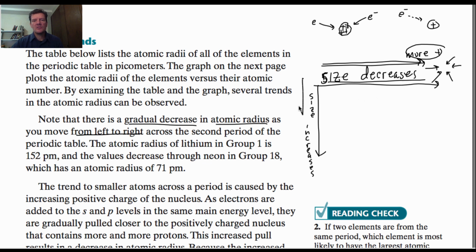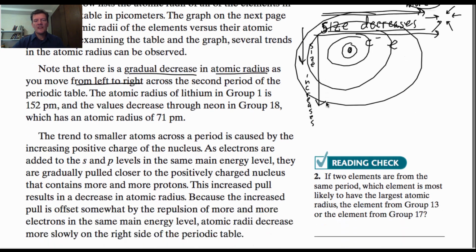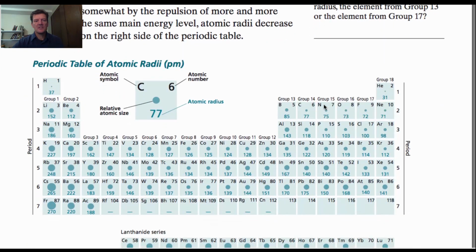Why does it increase when you go down a column? That's because you're jumping to the next energy level. The electrons are going to go to the next energy level, and then the third energy level, and the fourth energy level as you move down a particular column or family. Okay? So basically the trend here for the size of atoms is this.